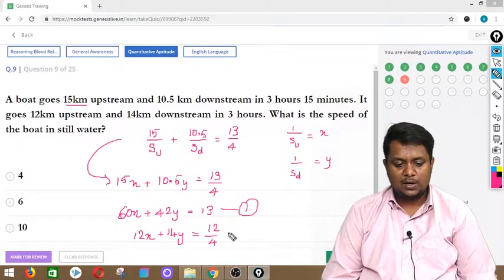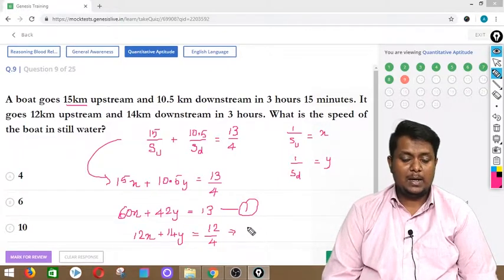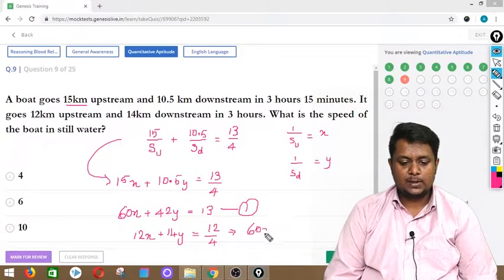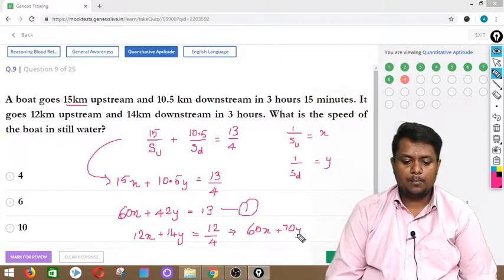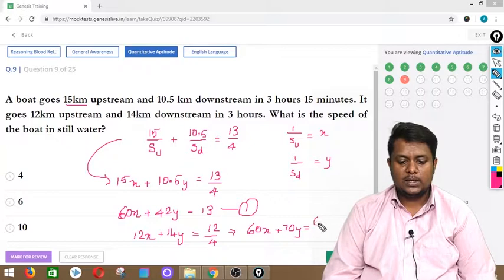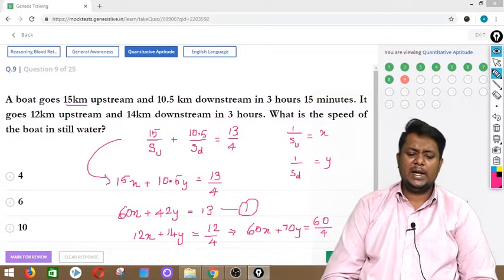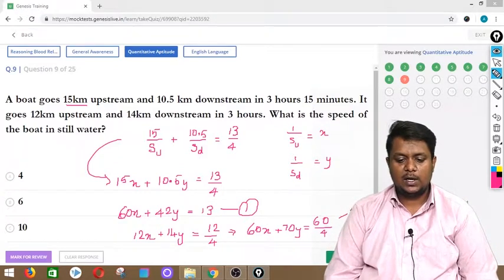When I multiply with 5, it becomes 60x plus 70y is equal to 60/4. This is equation number 2.